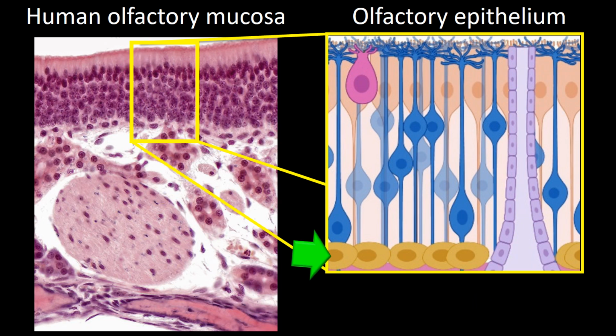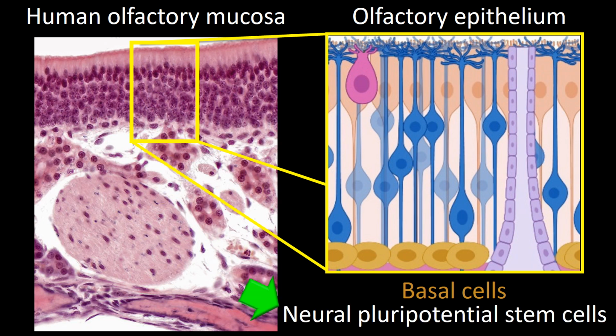In the illustration, the cream-colored oval structures are called basal cells. These cells are easily identified in the specimen because they form a line below the neurons and the nuclei have a more rectangular appearance. The basal cells are neuropluripotential stem cells.